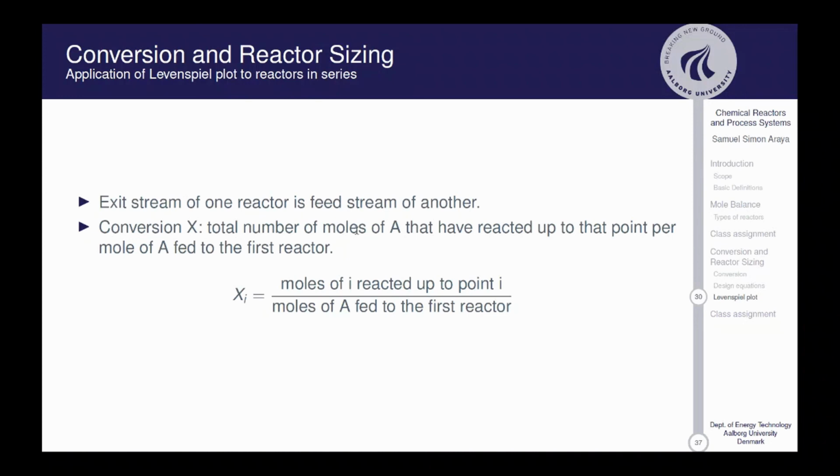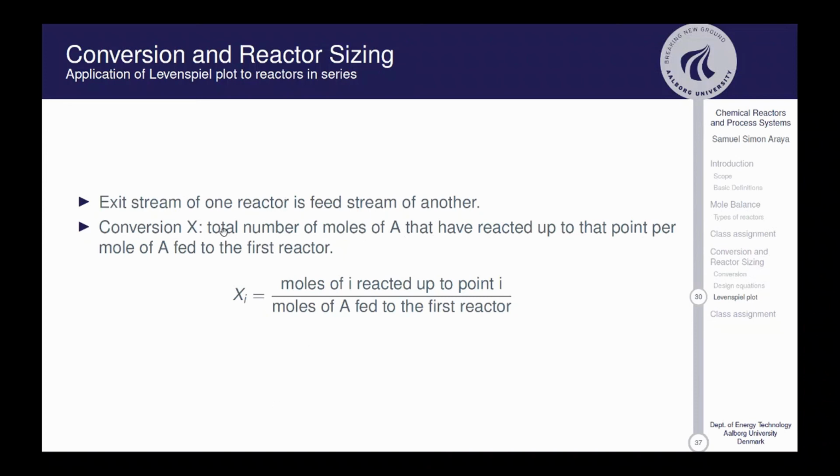So if we don't want to do a plug flow reactor, if the reactions are not appropriate for that, or if we are still dealing with liquid reactions, so we want to stick to CSTR, we can still reduce the volume of our reactor by splitting into more steps, by putting more reactors together in series.